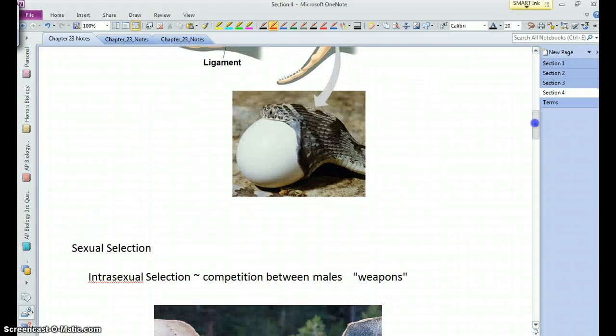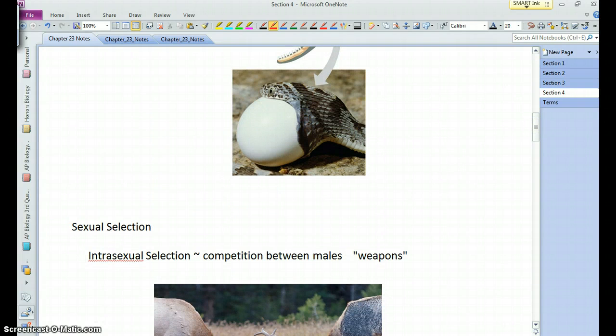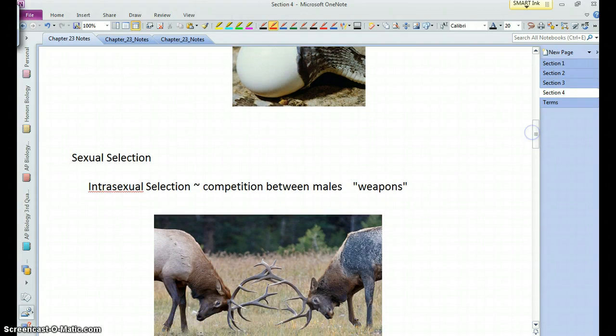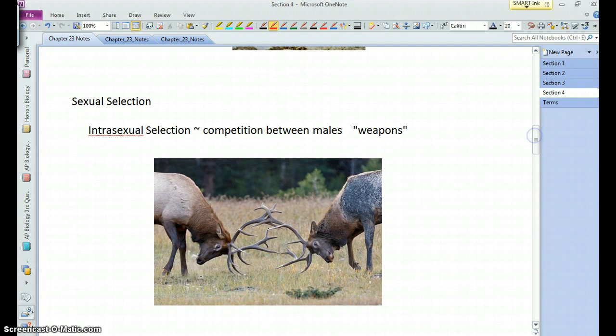All right. A subset of natural selection here is sexual selection. Sexual selection involves selection for traits that enhance more directly your ability to reproduce. And we can think of it as coming in two main types.